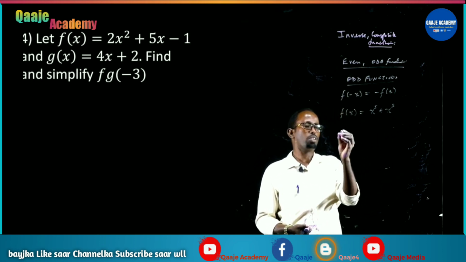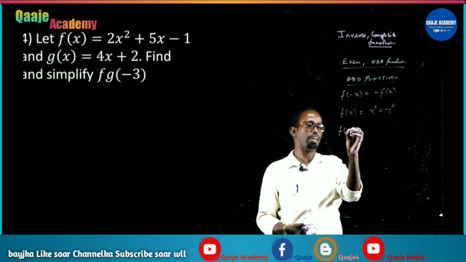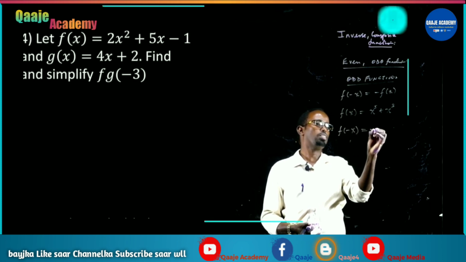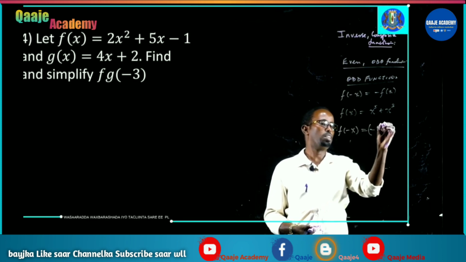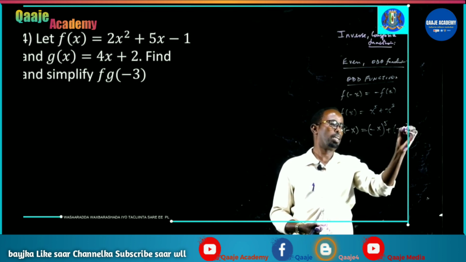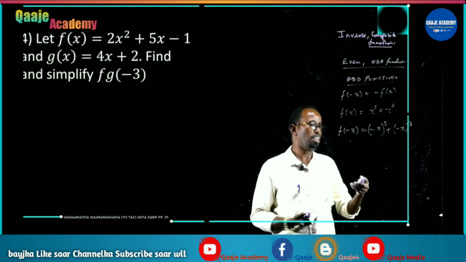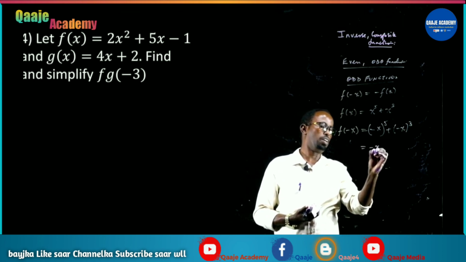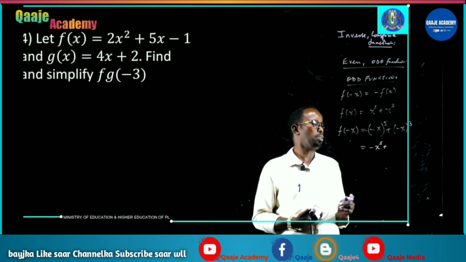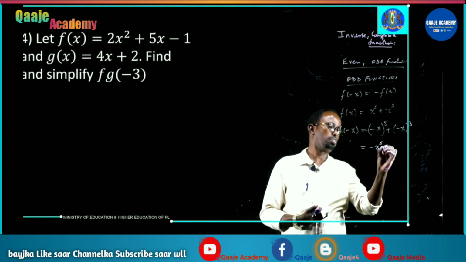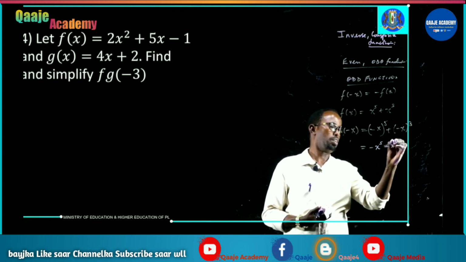Now, let me prove this one also. We said f of negative x will be equal to negative x in brackets power 5 plus negative x in brackets power 3. So if you multiply this one 5 times, you get negative x power 5, and if you multiply this one 3 times, you get negative x power 3.